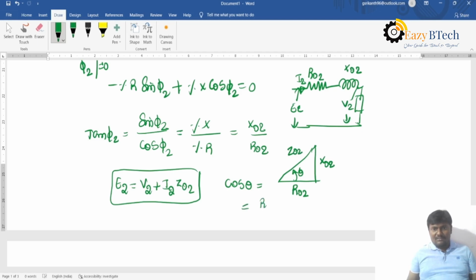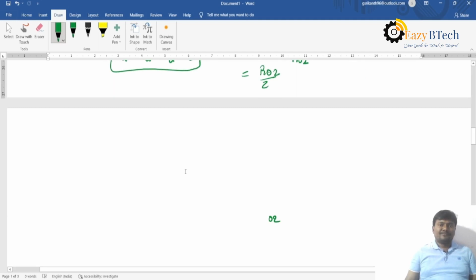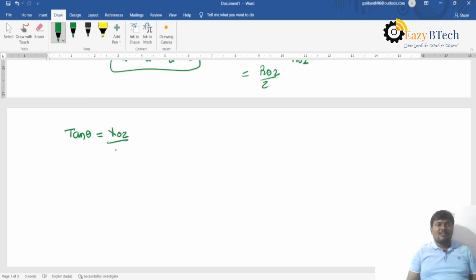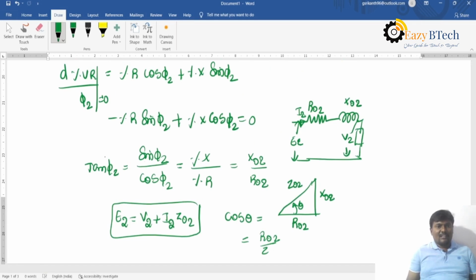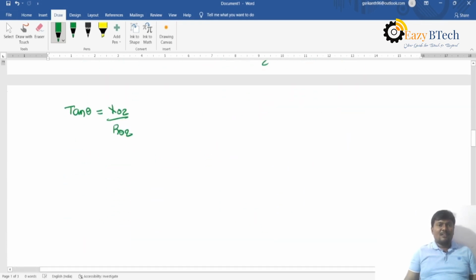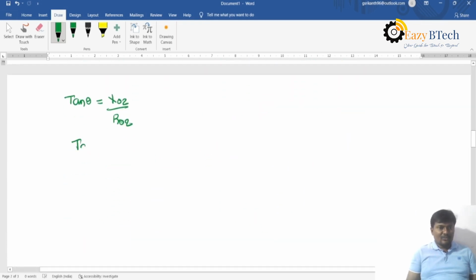Cos theta is equal to R02 divided by Z02, and tan theta is equal to X02 divided by R02. So tan phi2 is equal to X02 divided by R02. Equate these two, then I am getting tan phi2 is equal to tan theta.